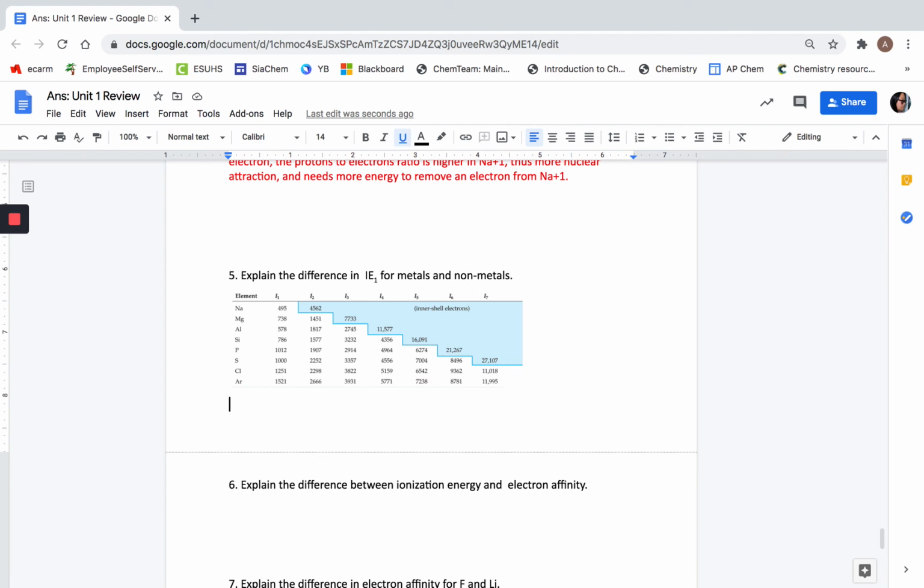Na, Mg, Al, Si, P, S, Cl are in the same period, the same row, but you can see that the nonmetals have a much higher ionization energy compared to the metals. Nonmetals have higher IE than metals in the same period.